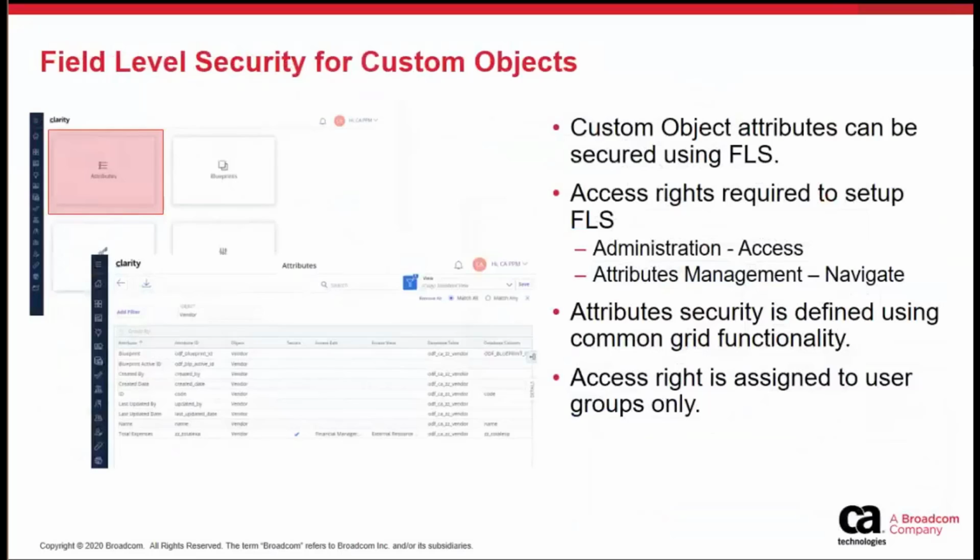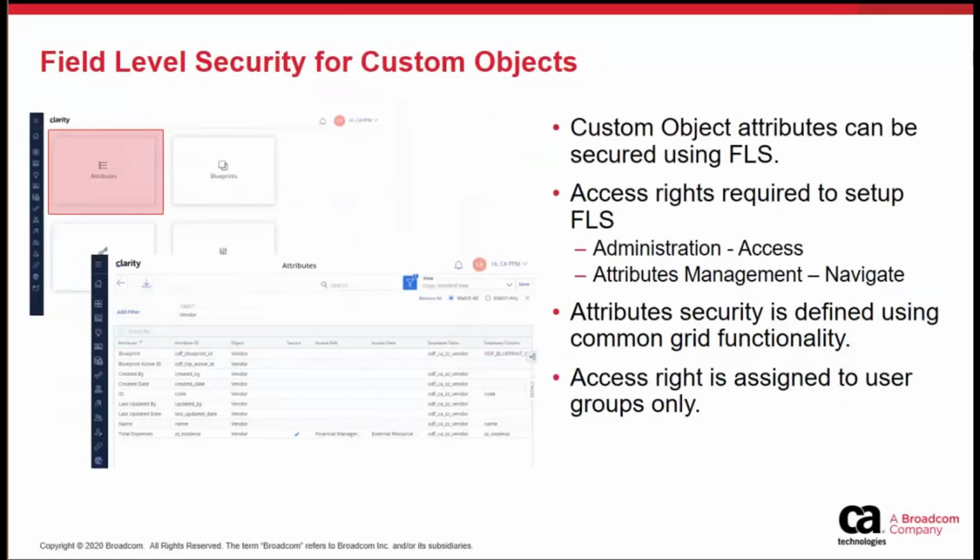In regards to the custom object, we have added the custom object to the field level security. This means when I go into attributes in the modern UX, now I have the option to select my custom object. In order for me to do that, I require two specific rights, which are the same rights that have existed in the past: administration access and attribute management navigate.